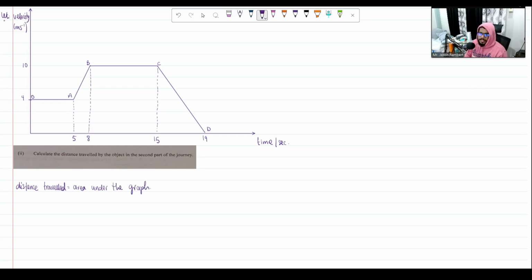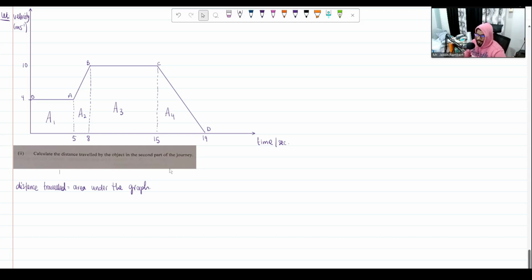Because of the dotted lines, I can let this be A1, this be A2, this be A3, and this be A4. If I wanted, I could have let this whole trapezium be A3, but because I had the dotted lines coming down, I made the pieces A3 and A4.